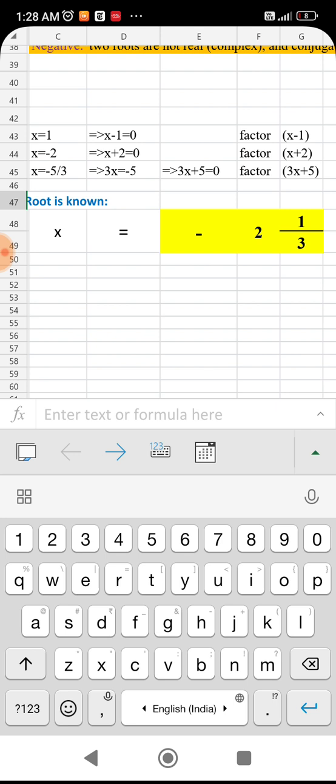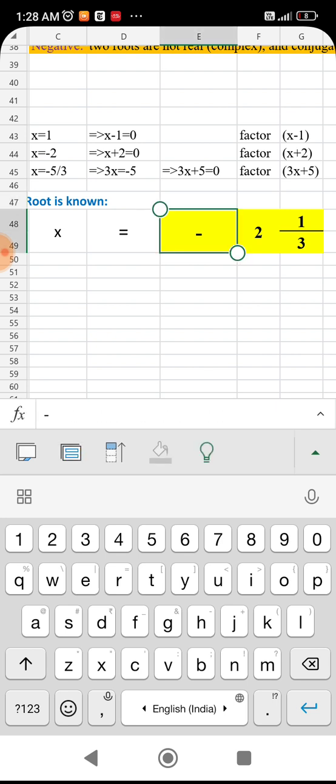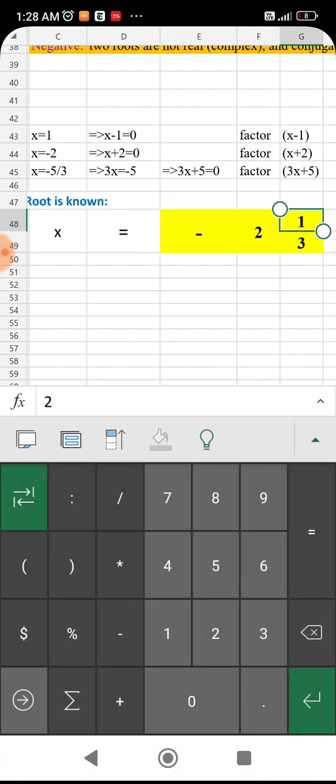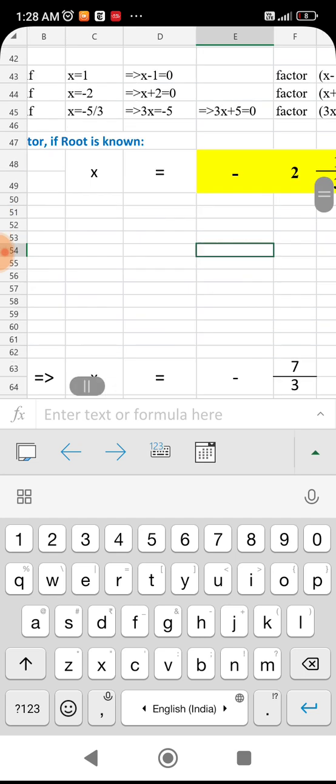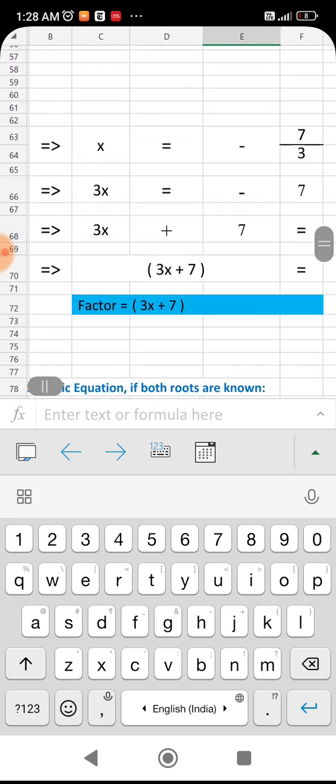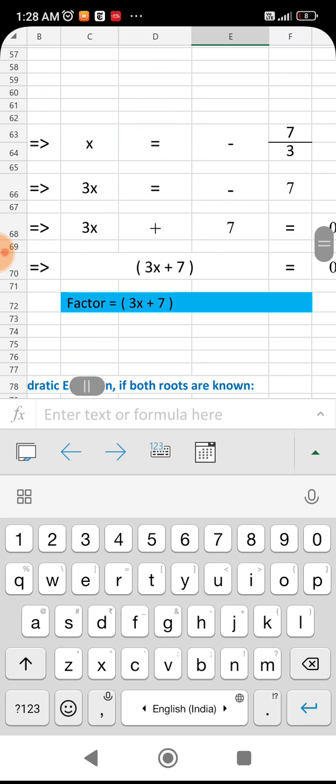Evaluate yourself in your copy and go downwards and check whether you have made the right step or wrong, and where you made a mistake, if any. So in that case my factor will become 3x plus 7.